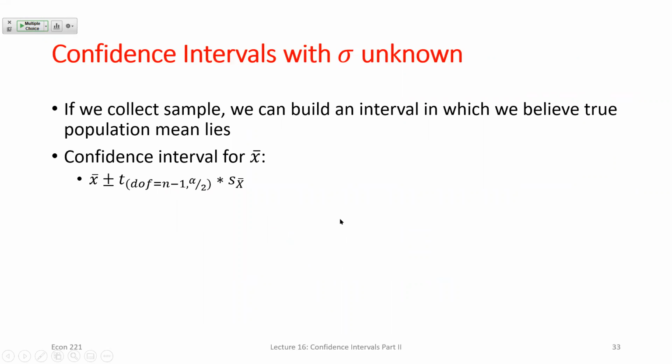So we can do confidence intervals, and really the only thing that's going to change is that we still build our confidence interval around whatever sample mean we see. It's just that now we need to look up the student t value at whatever our degrees of freedom is, that gives us alpha over 2 on each side. And then multiply that by the standard deviation of our sample means.